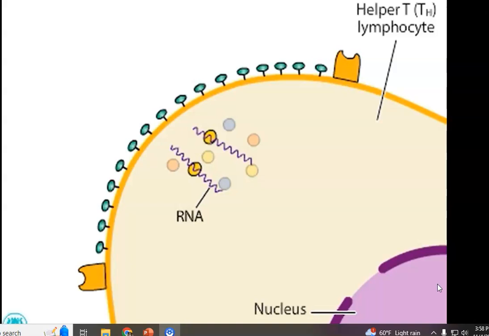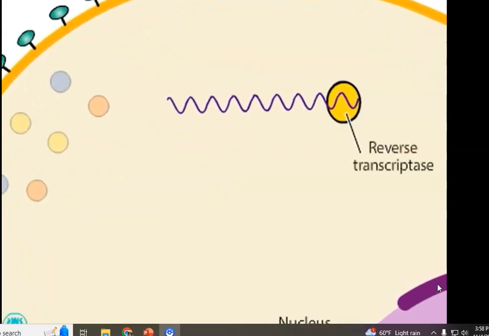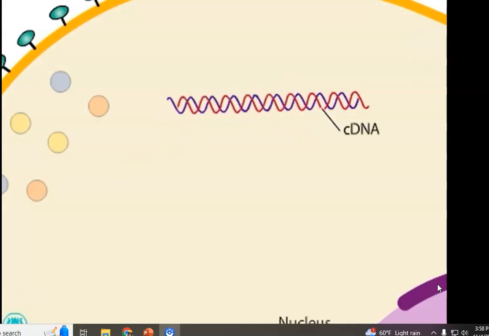In addition to RNA, the virus carries enzymes that participate in the first few stages of viral replication. Before the virus can commandeer the cell to make more viruses, viral enzymes must first convert the viral RNA into DNA. The viral enzyme reverse transcriptase copies the RNA into complementary DNA, or cDNA. Reverse transcriptase has a high error rate and frequently leaves mutations in the copied DNA. The mutations result in variant forms of HIV, which allow HIV to evolve quickly.